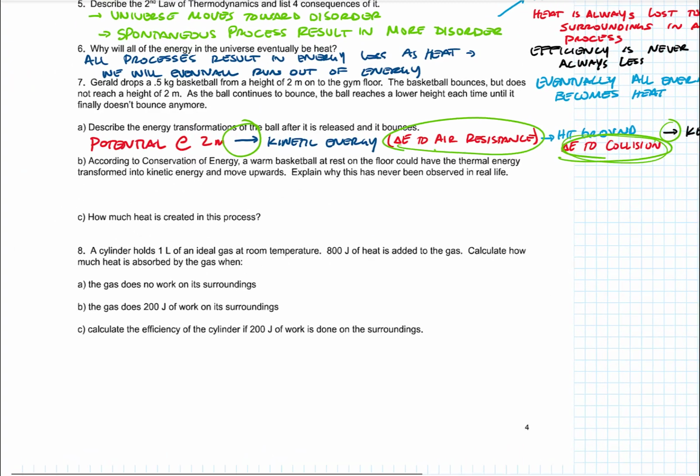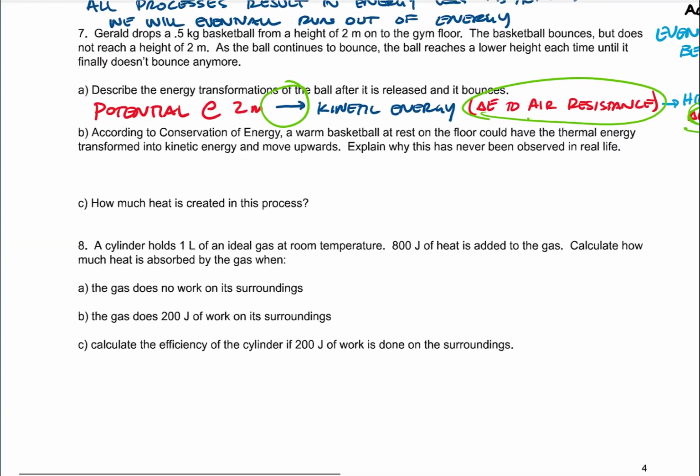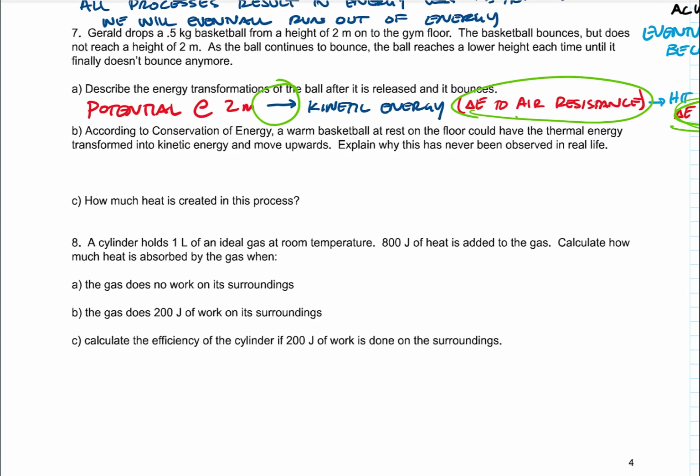According to the conservation of energy, a warm basketball has enough thermal energy to be transformed into kinetic energy and moved upwards. Why hasn't this happened? So here's the thing about heat energy or thermal energy. Thermal energy is random, meaning that those particles move in different directions.